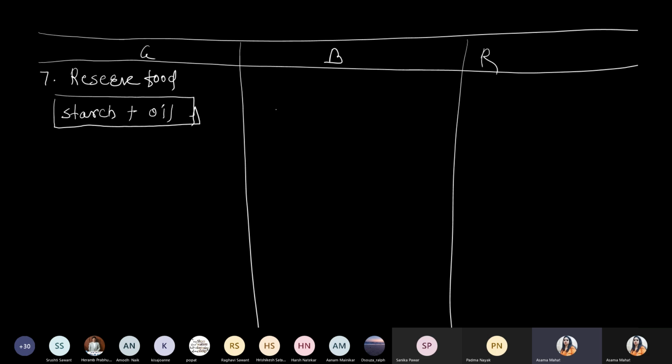When you talk about the brown algae, we are taking the code word MOL, mole. Okay? M stands for mannitol.